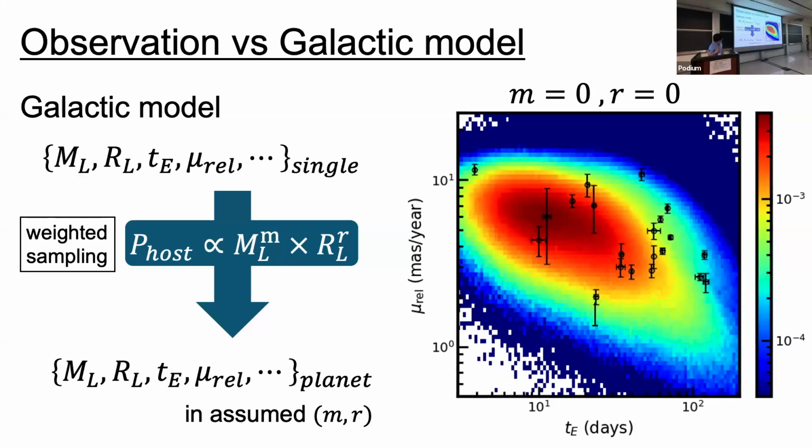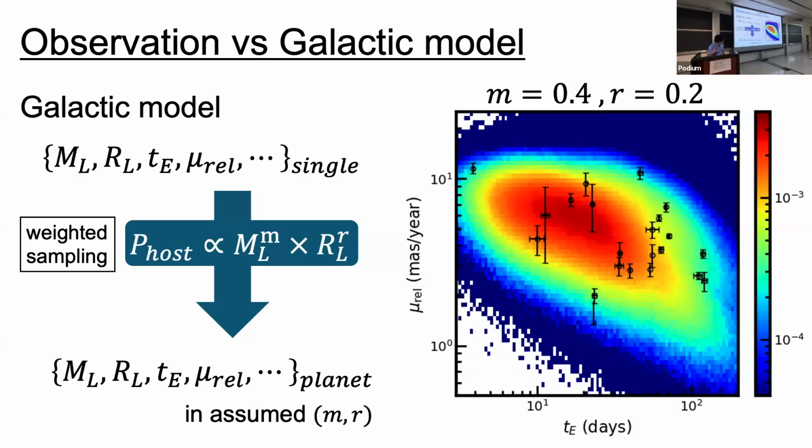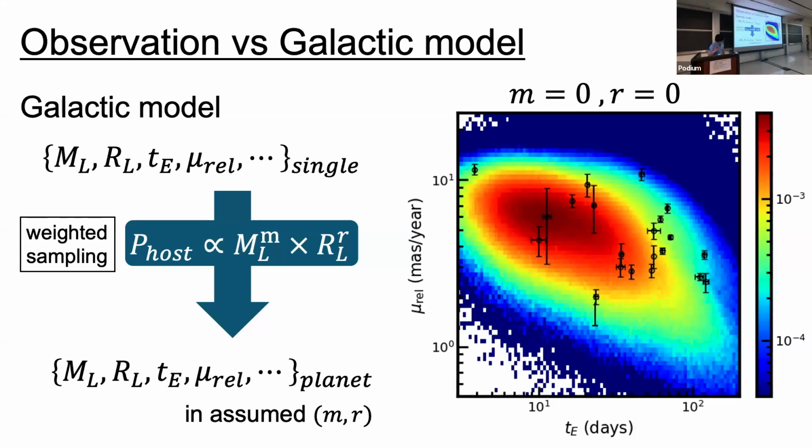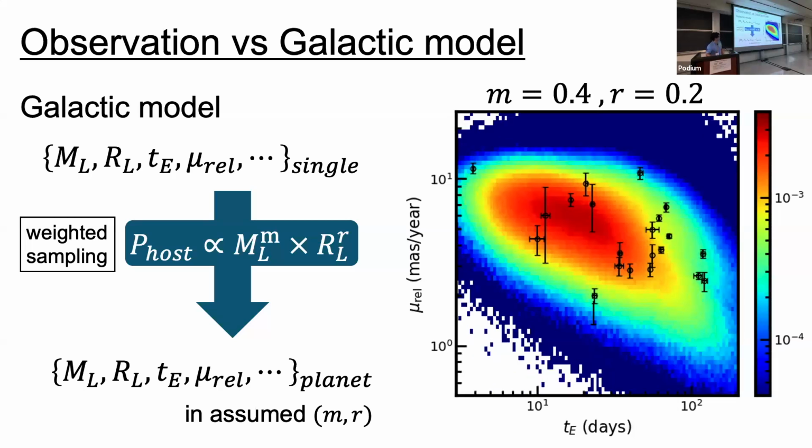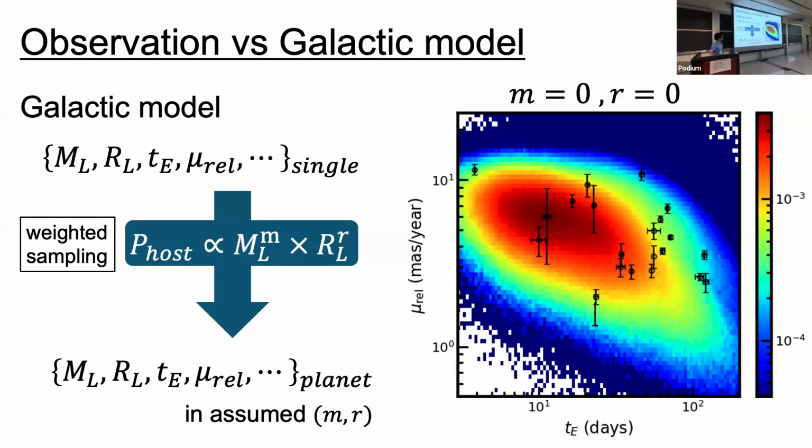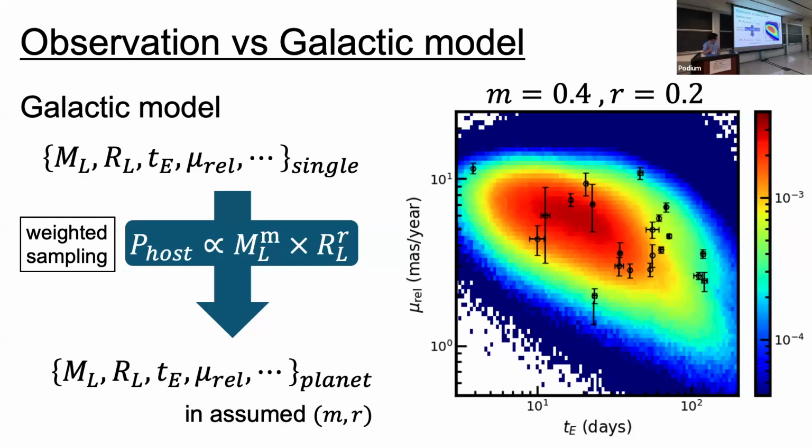By comparing these two distributions, we can notice that the assumption of m equals 0.4 and r equals 0.2 is much better than the previous assumption. So by evaluating the degree of match of these two distributions, we can evaluate the small m and small r values.